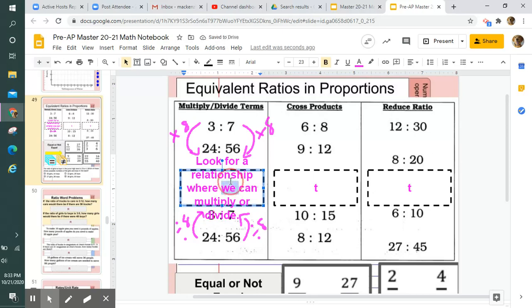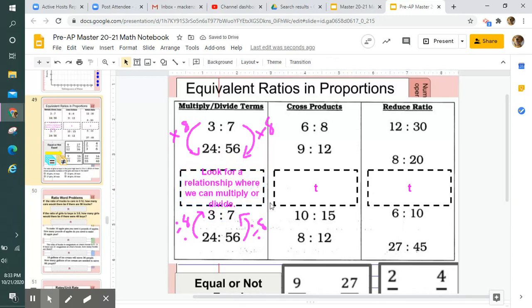I'm going to make my font just a little bit smaller so that it all fits in there. So that is how we multiply or divide our terms. That's how we find one relationship or one equivalent ratio.